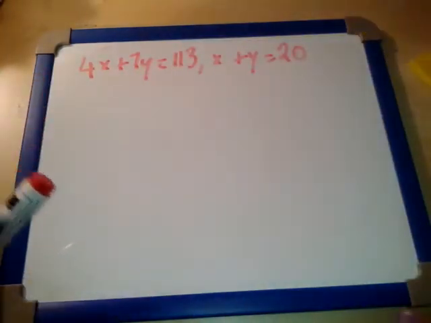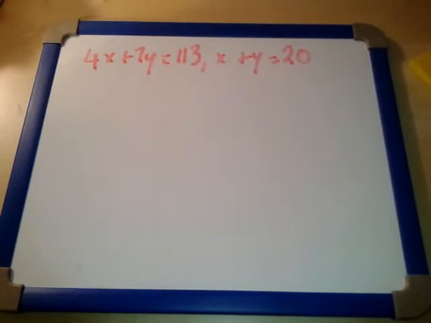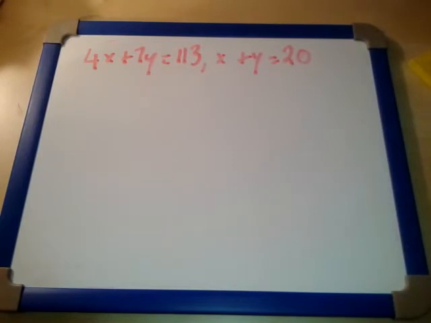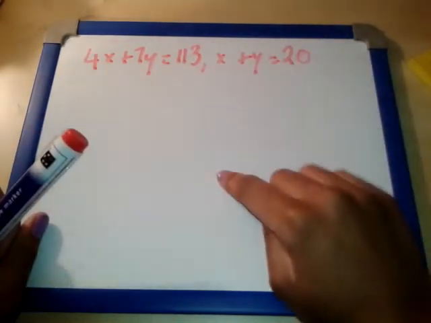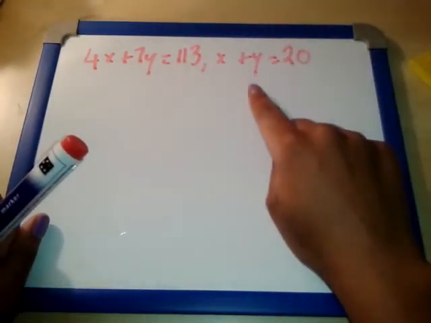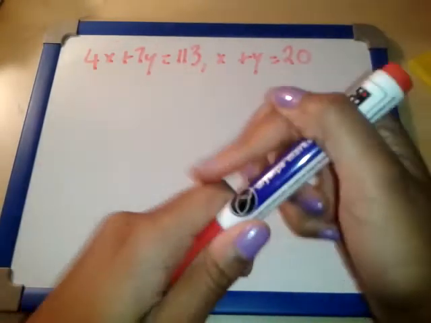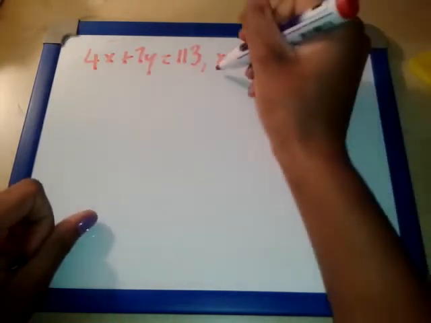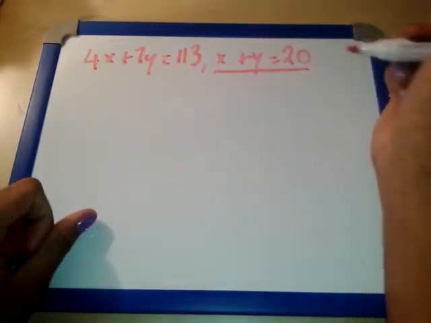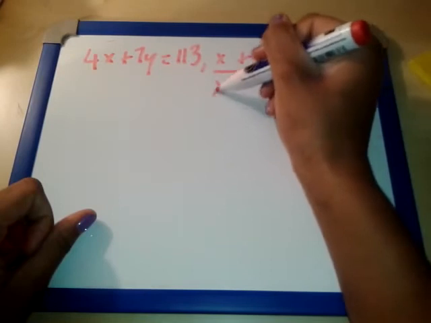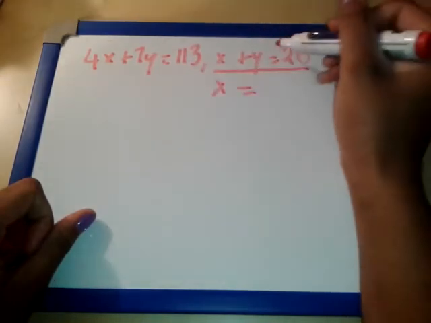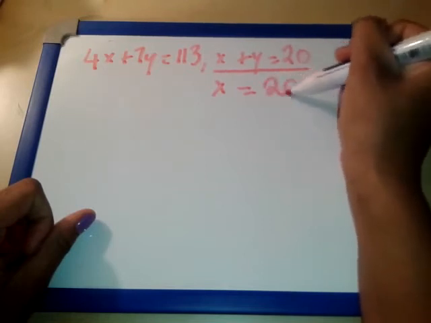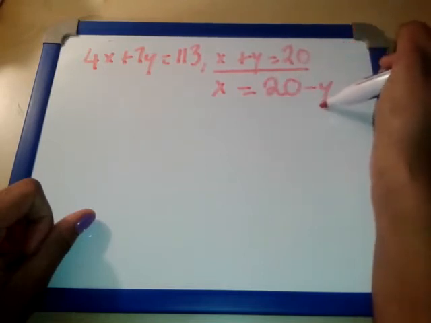So to be able to solve this using the substitution method, we need one of the equations to be in the form of x equals or y equals. If you remember in our first example, one of the equations was in the form of y equals. So this time let's change one of the equations to make it into the form of x equals. And the easiest equation to change is this one. So to get it into the form of x equals, we need to subtract y from both sides. And that will give us x equals 20 minus y.